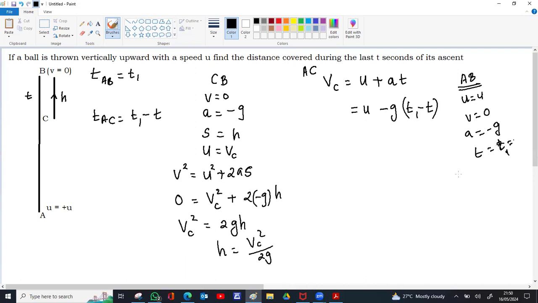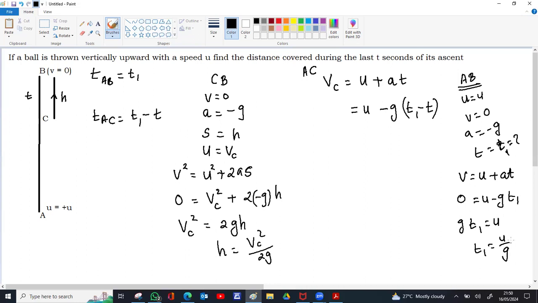So substituting in the formula v equal to u plus at, 0 equals u minus g into T1. So gT1 equals u, or T1 is equal to u by g.